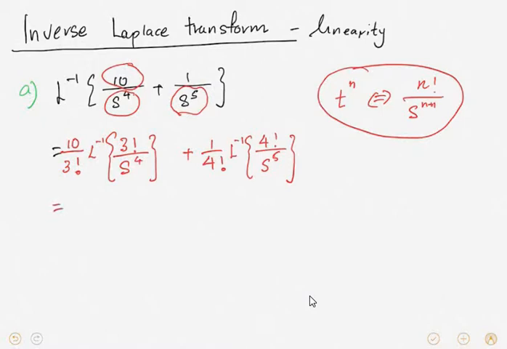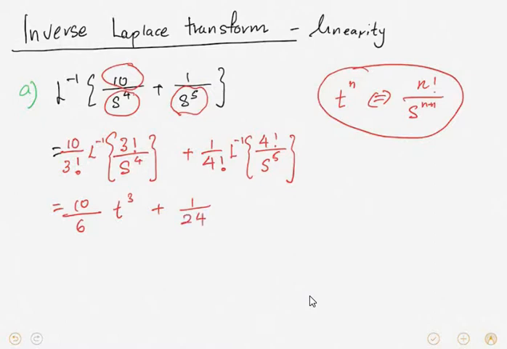Now we have 10 over 3 factorial, which means 3 times 2 times 1, so we have 6. And the inverse Laplace transform of 3 factorial over s power 4 gives t power of 3, and then plus 4 factorial. 4 factorial is 4 times 3 times 2 times 1, so we have 24.